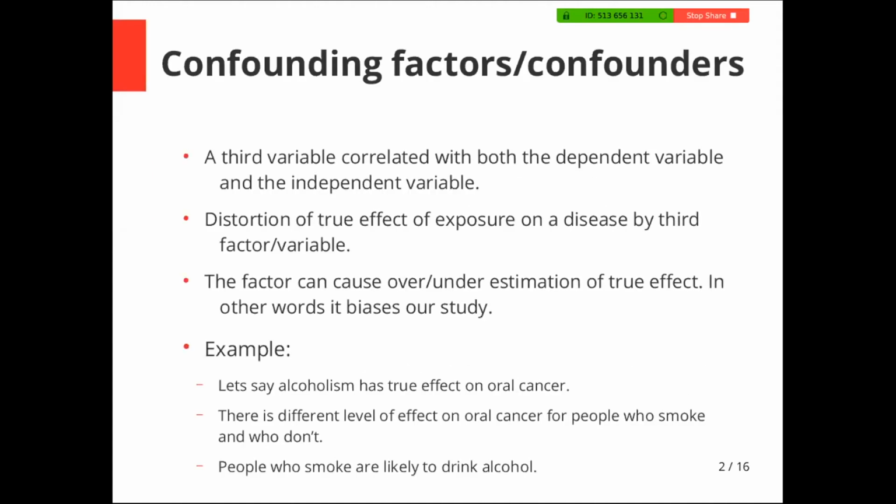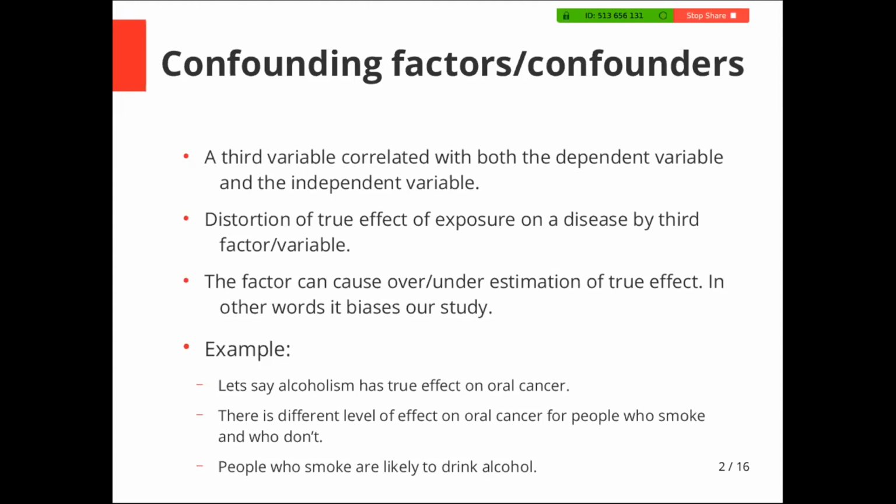So let's see, what are the confounding factors? In our data, there might be some third variable, a third factor that is influencing our outcome together with the exposure. Let's say alcoholism has a true effect on oral cancer. That is what we want to study.